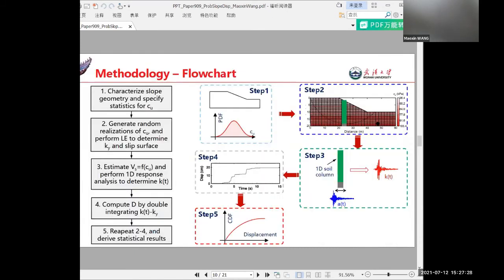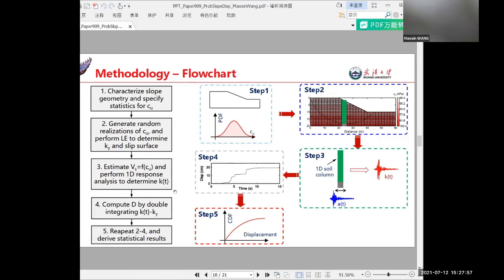Third, we estimate the spatially varying shear wave velocity using a transformation model between Cu and Vs and perform 1D response analysis using the soil column corresponding to the slip surface to determine the equivalent acceleration kT. And fourth, we perform the rigid block analysis using the kT.